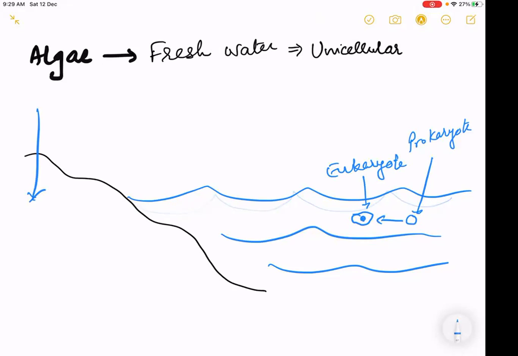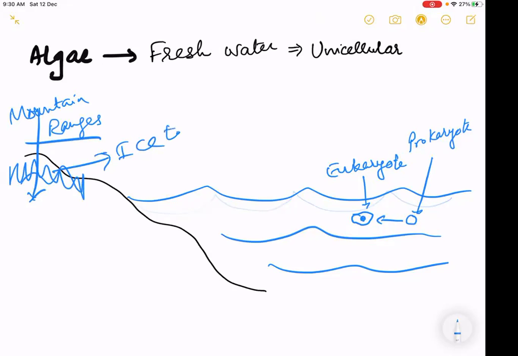Then after, due to the extreme weather conditions on the earth, earthquakes and whatsoever the reason would be, we have mountain ranges formed later on. On the top of mountain ranges, they have ice tops.